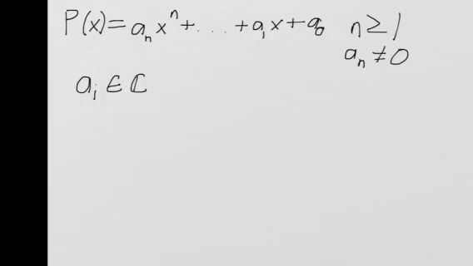So if we meet all these constraints, p of x has a complex 0.